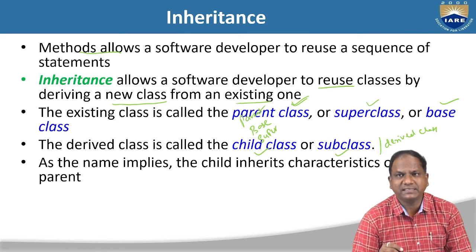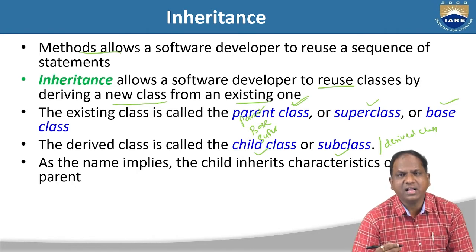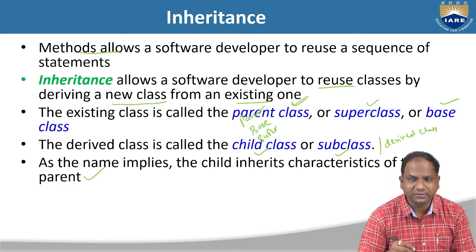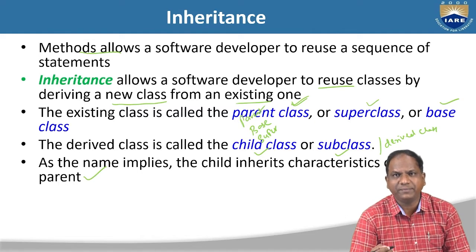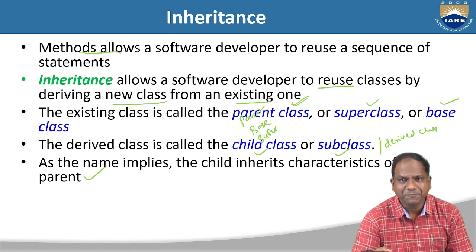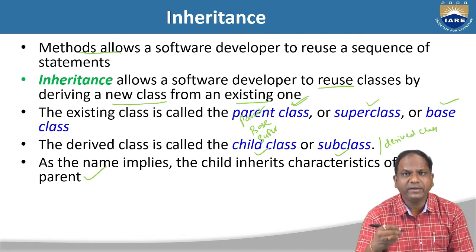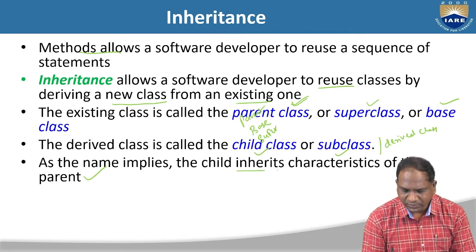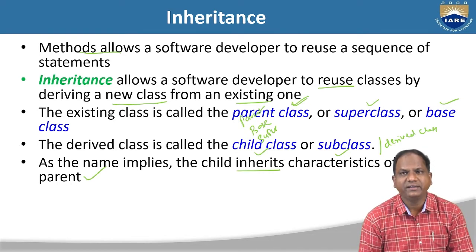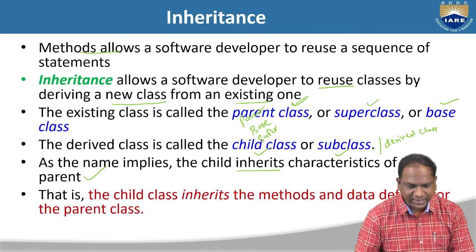As the name implies, the child will inherit. The child class will inherit all the characteristics of the parent. What is the meaning of the characteristics of the parent class? They are the members of the parent class. But how can the child class inherit the properties or characteristics of the parent class?